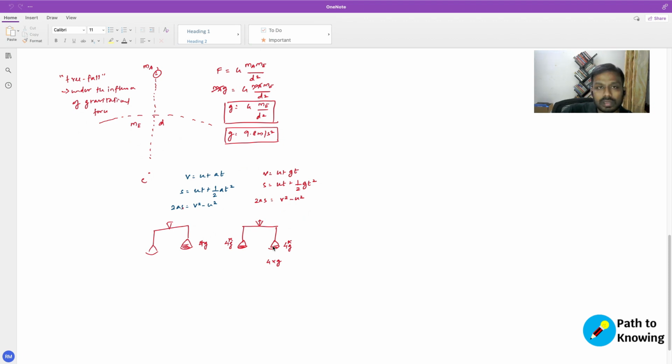So weight is the force exerted by the mass. Your quantity of mass, the unit for mass, is always kilograms, but the unit for weight is kilogram meter per second square, because it is a force.